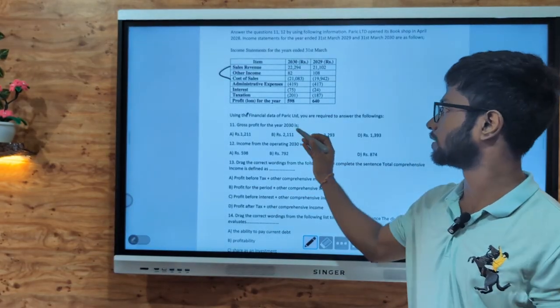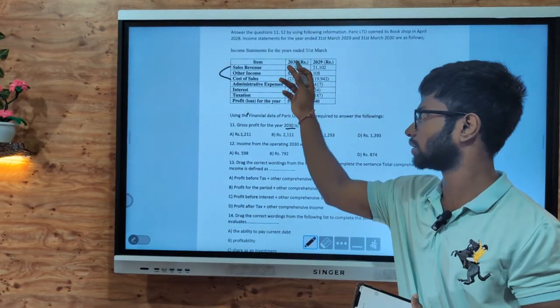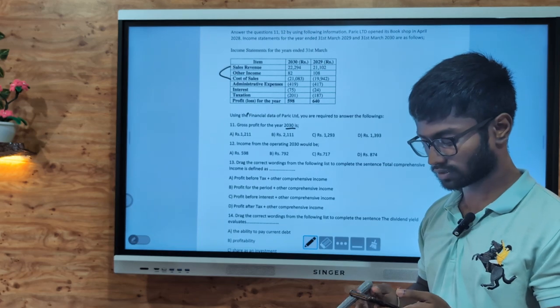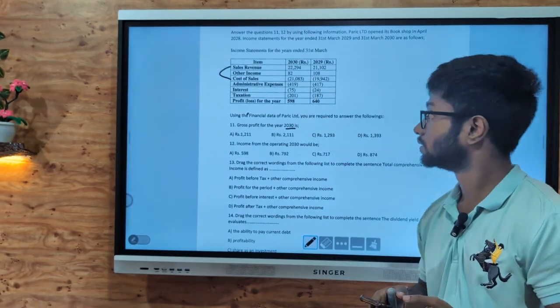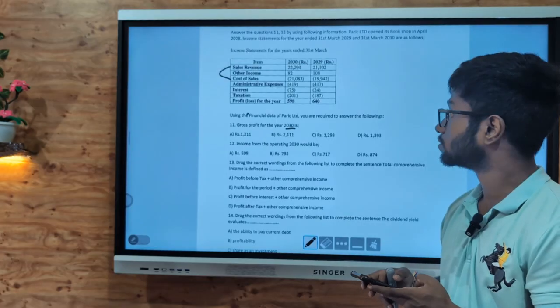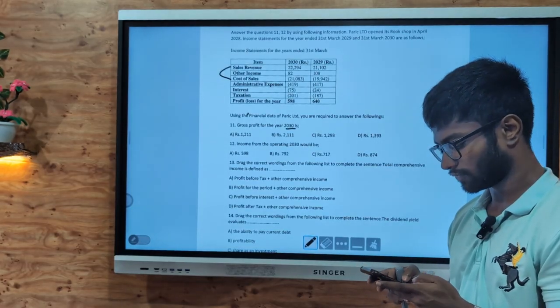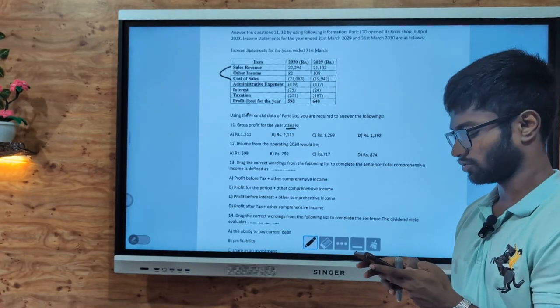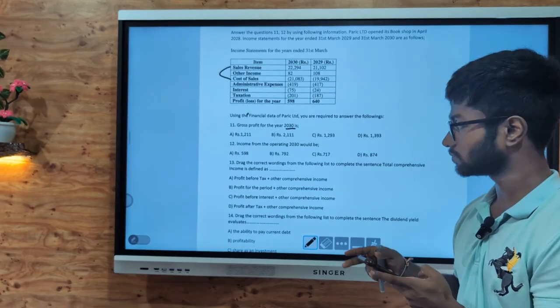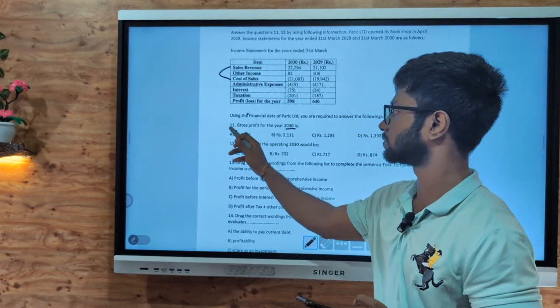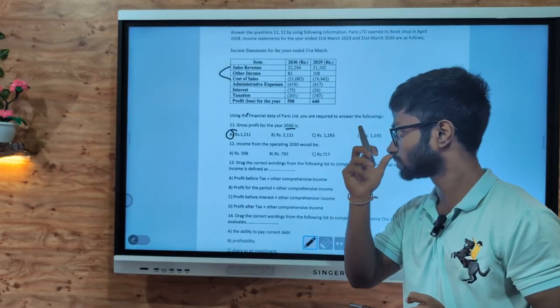So here we have to get it for 2030. Now these are the ways you can get questions. 22,294 minus 20,083. Then you get 1,211. So it should be answer number 1.